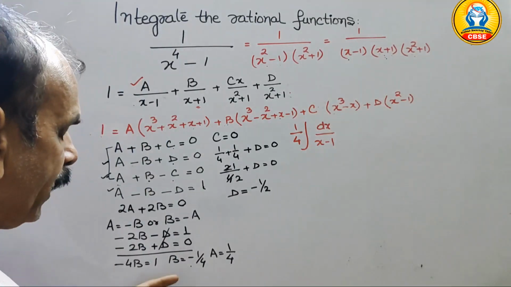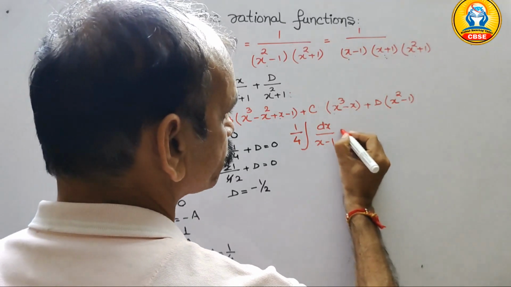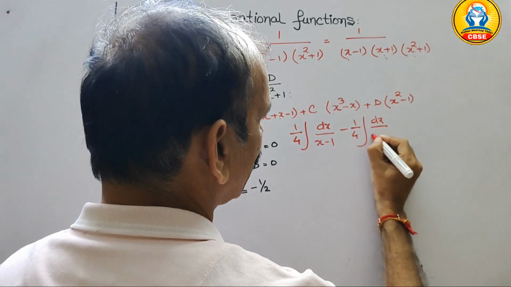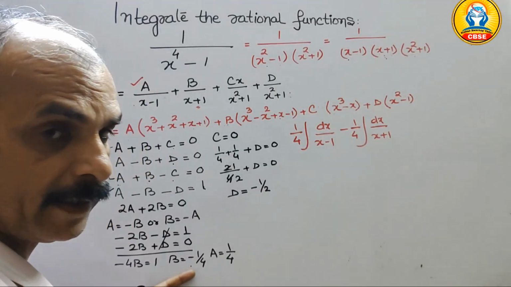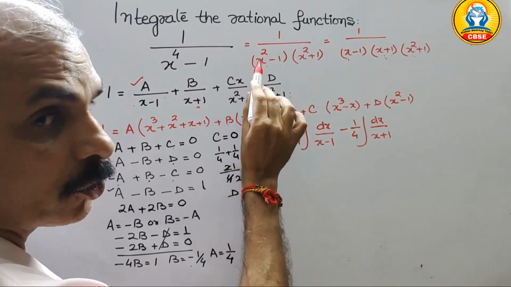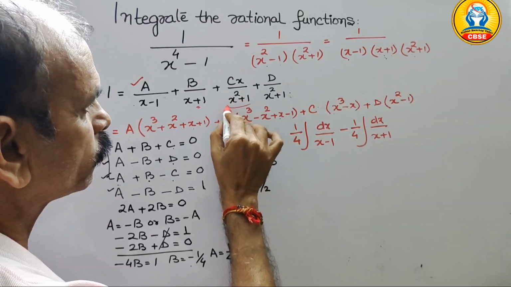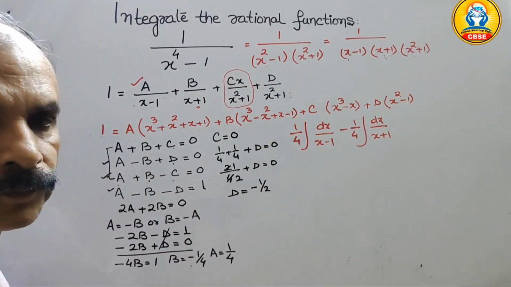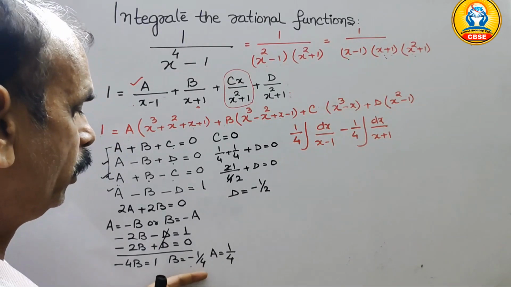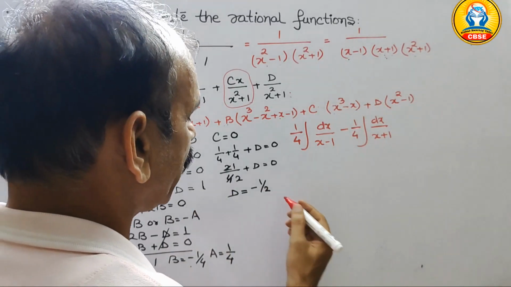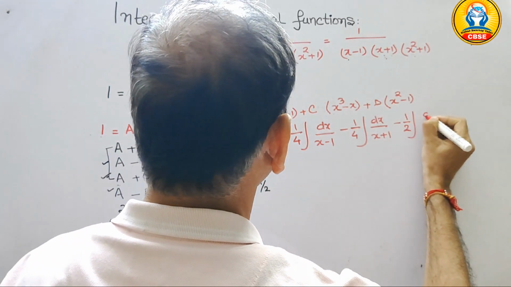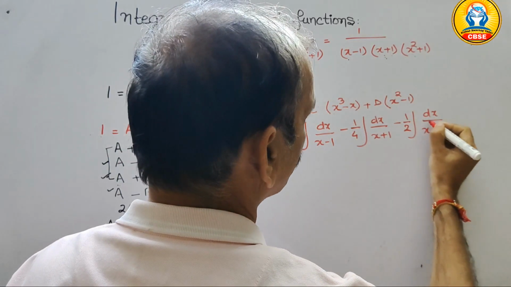Next is minus 1 by 4 integration of dx by x plus 1. Next is 0, that is C. So 0 into x is 0, and 0 by any number gives you 0. So this will become 0, no need to solve it. Next comes D. D is minus 1 by 2 integration of dx by x square plus 1.